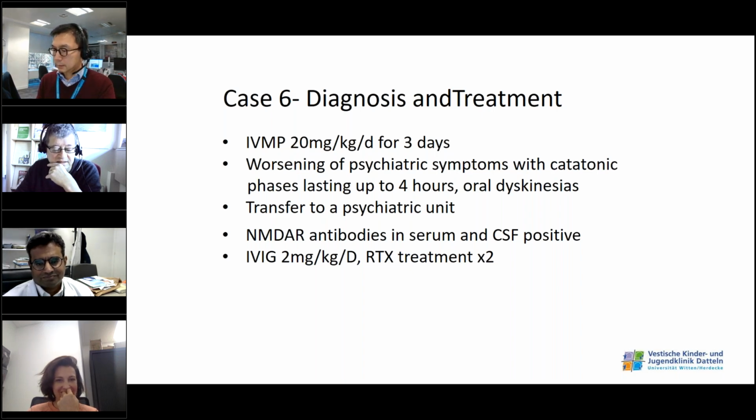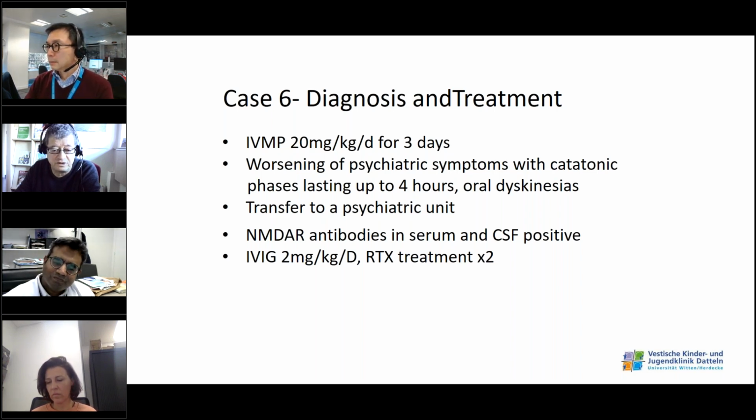Because of a mildly elevated CSF cell count, we decided to treat her as an autoimmune encephalitis. Then the NMDA receptor antibodies came back highly elevated, particularly in the CSF. She was started or continued with IVIG and rituximab because of the severity of her symptoms.